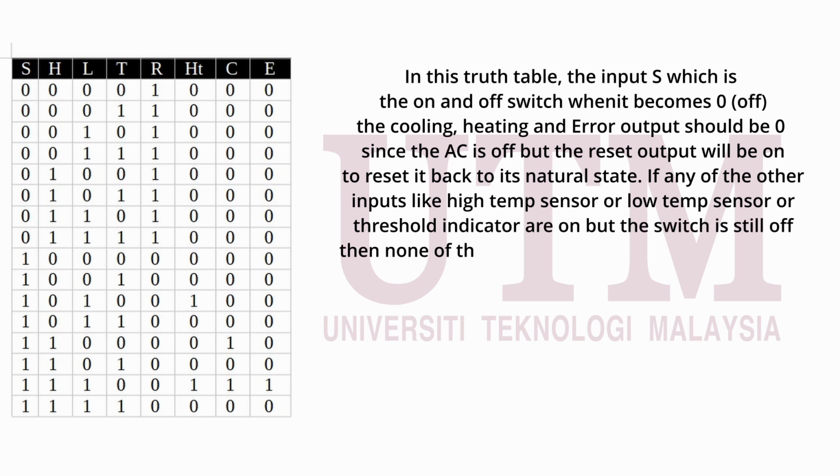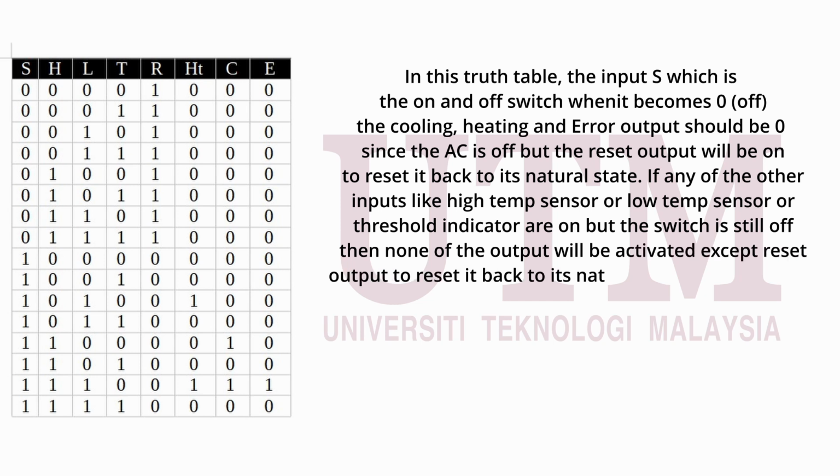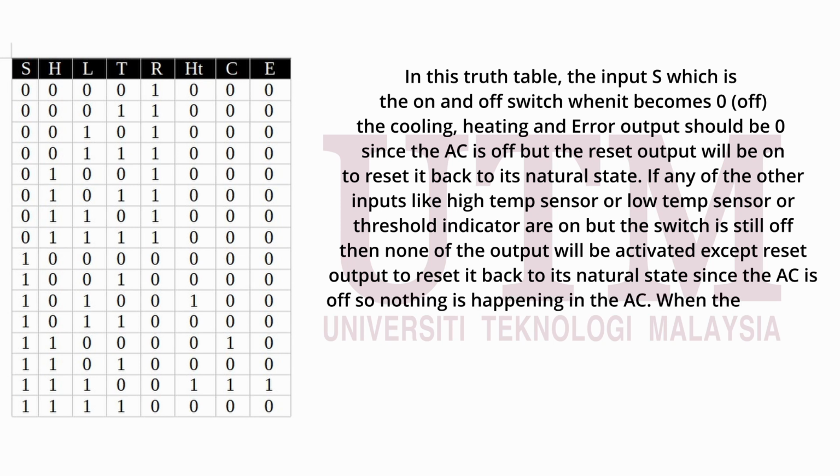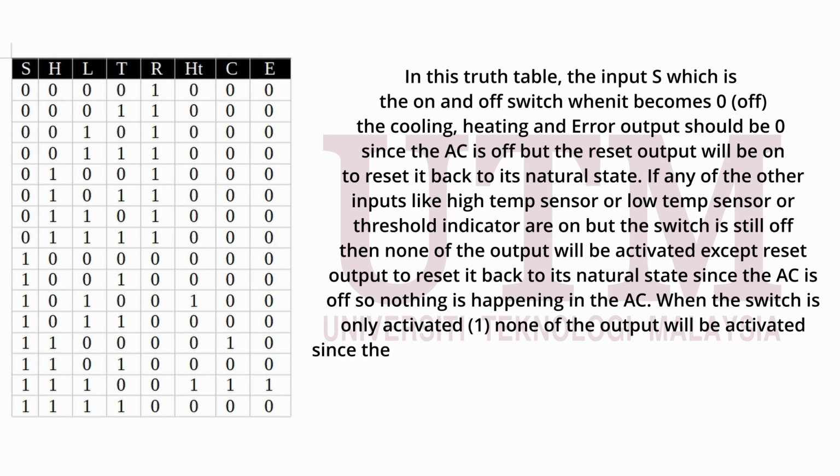If any of the other inputs like the high temperature sensor, low temperature sensor, or threshold indicator are on, but the switch is still off, then none of the outputs will be activated except the reset output to reset it back to its natural state. Since the AC is off, nothing is happening in the AC.